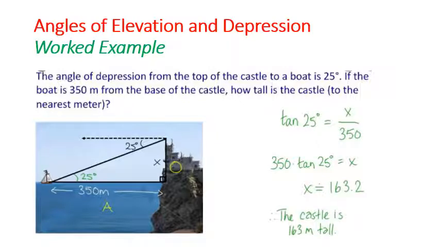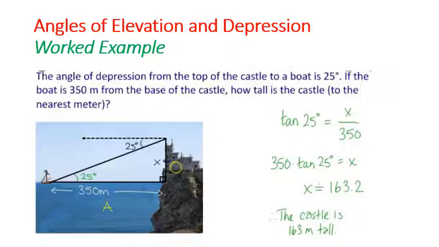They've started off with the rule tan theta equals opposite over adjacent, and it's already been substituted: opposite has been substituted for the length X in the numerator, and in the denominator, the adjacent has been substituted for 350 meters.